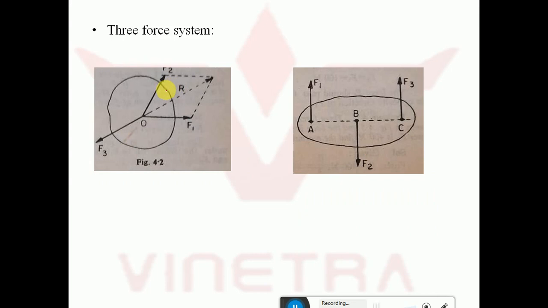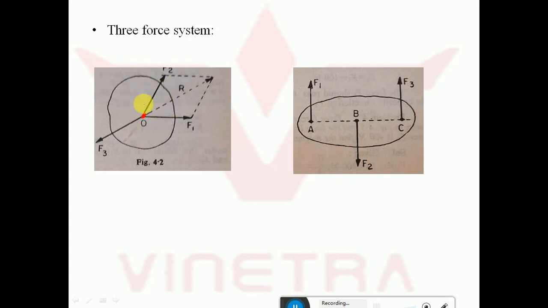Now let us come to the three force system. See here what is happening. When three forces are concurrent, the three concurrent forces F1, F2, F3 are acting on a body at a point O, and the body is in equilibrium.